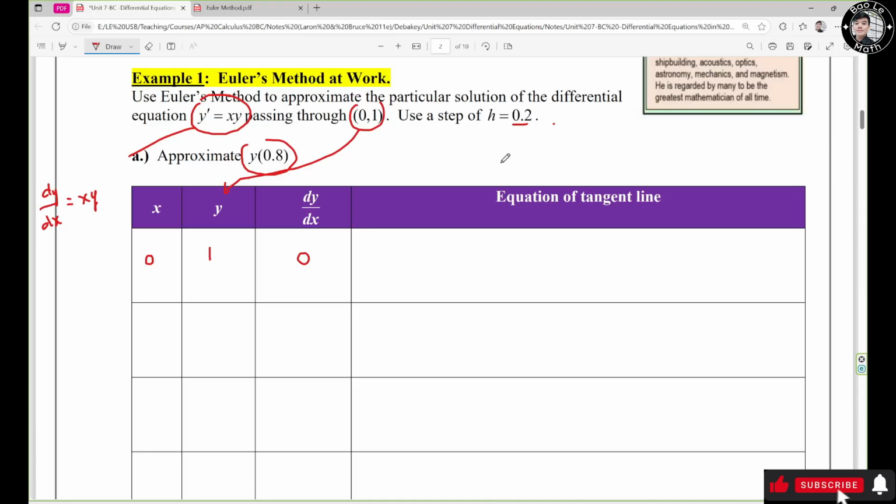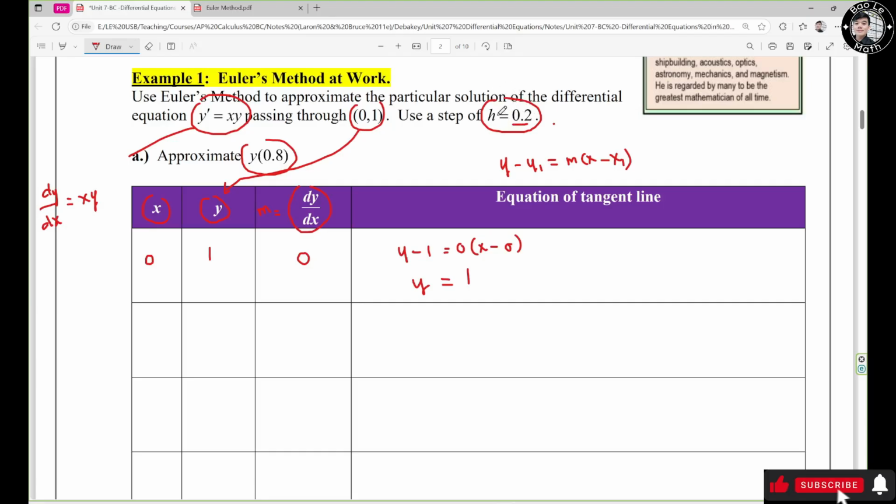Remember the point-slope form: y minus y1 equals m times s minus s1, where m, which is dy over ds, is the slope, and s1, y1 is this point. So you have y minus 1 equals 0 times s minus 0, which simplifies to y equals 1.